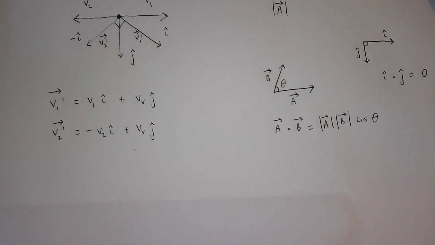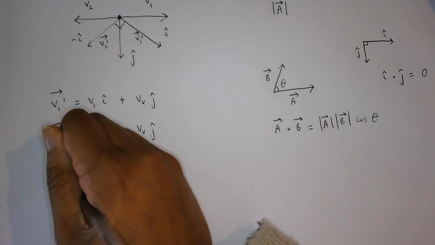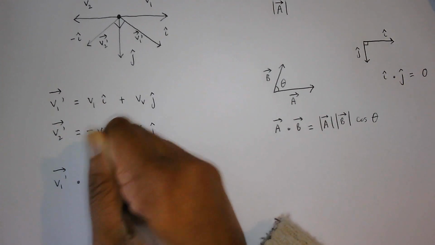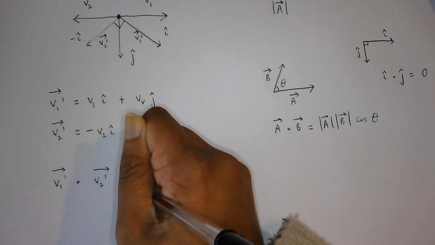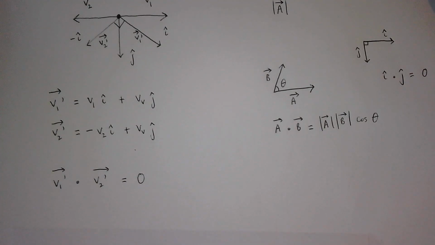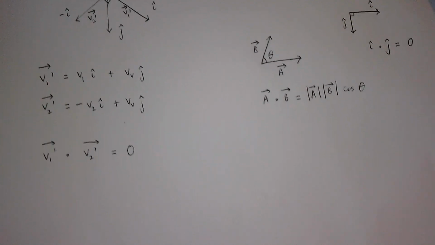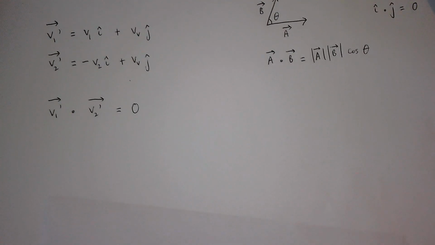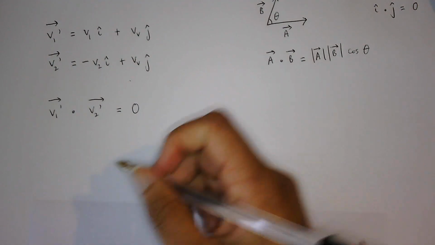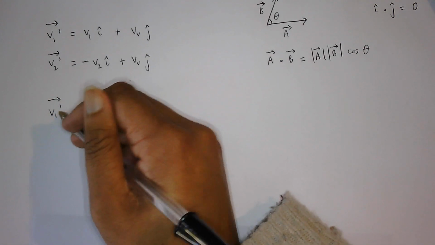So we can write that v1 prime dot v2 prime equals 0. So we can use that in this question. If we start solving this, we can substitute in the values of v1 prime and v2 prime.